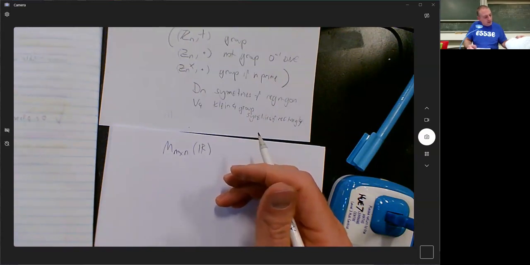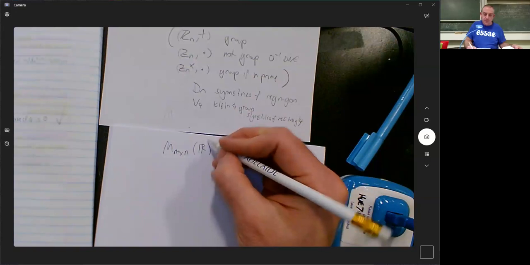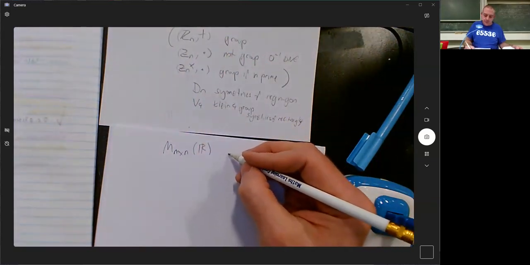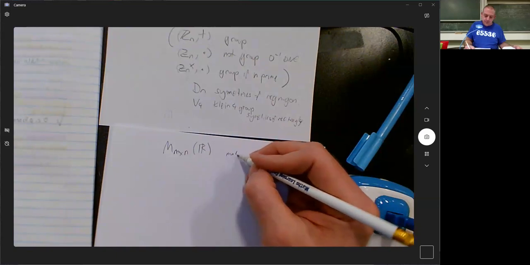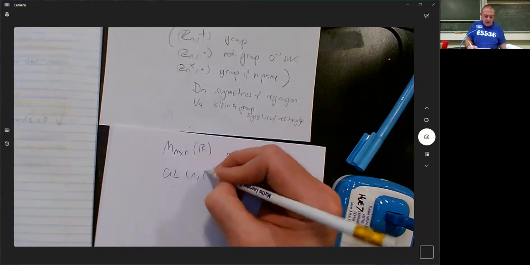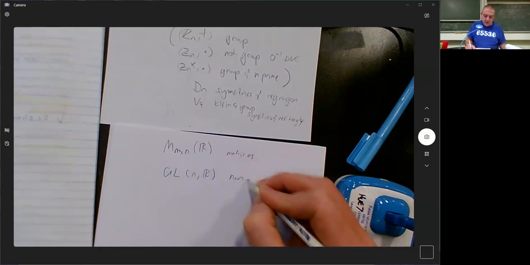I've got a 1 here, but I think this is it. And GLNR, N by N invertible.